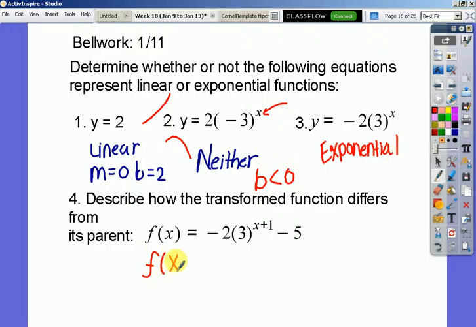So f of x is equal to, is it negative 2 times 3 to the x or just 3 to the x? 3 to the x. 3 to the x, right. Okay, so 3 to the x. That's our parent. And everything around it is some sort of transformation. It's moving up and down, stretching or shrinking, that kind of thing. So what's the negative do? It reflects it, so we have a reflection.